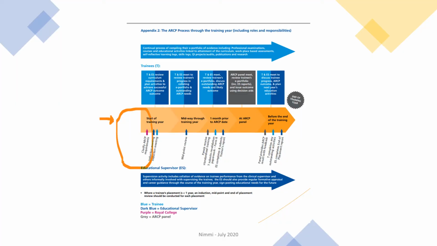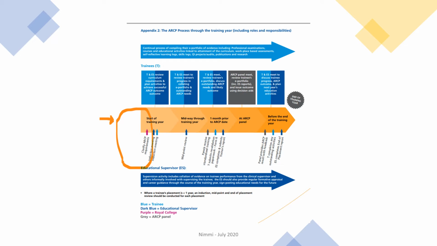This slide shows that the ARCP process is one that actually extends throughout the year. Health Education England reviewed the ARCP process, and in their document on enhancing training and support for learners, they recommended that the ARCP requirements should be clarified at the beginning of the training year.